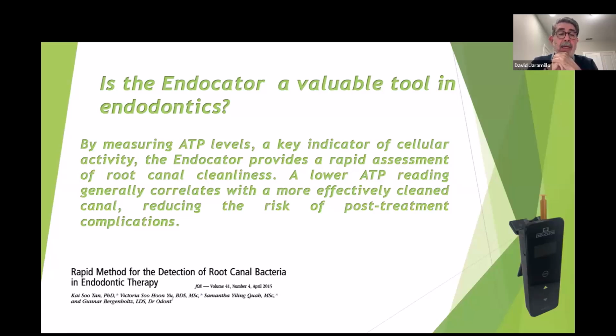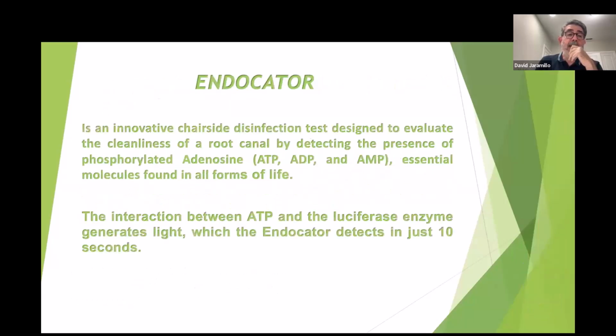A lower ATP reading generally correlates with a more effective clean canal, reducing the risk of post-treatment complications. The Endocator is an innovative chairside disinfection test designed to evaluate the cleanliness of the root canal by detecting the presence of phosphorylated adenosine, ATP, ADP, or AMP, essential molecules found in all forms of life.